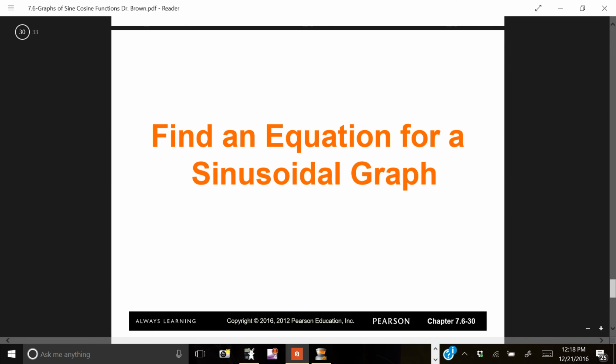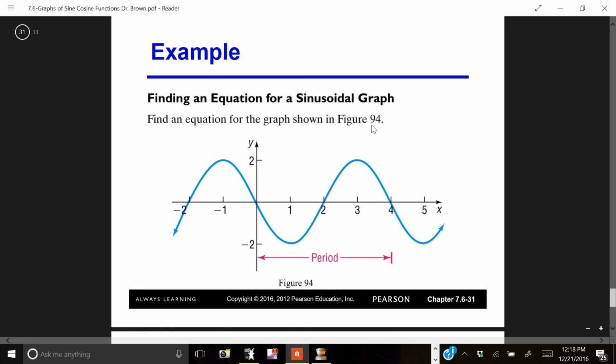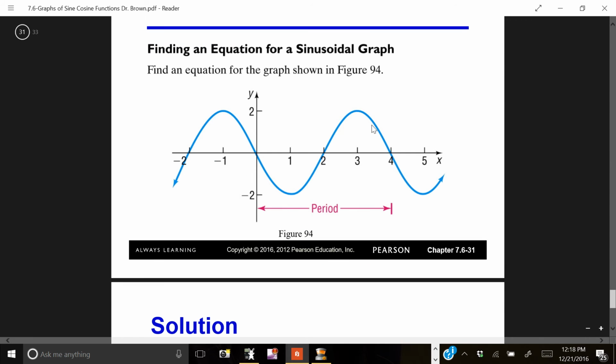Now, if you're given a sinusoidal graph, we need to be able to write an equation for the graph. So let's look at how we would find an equation for the graph shown here. Notice, we first of all want to identify what the period is.